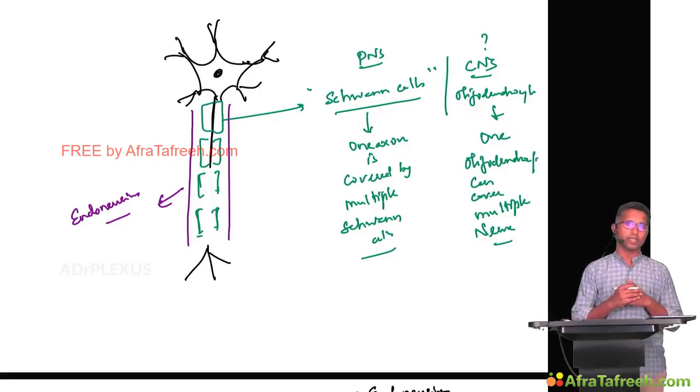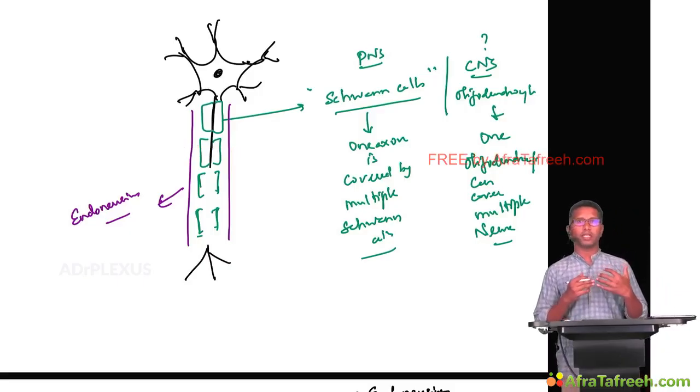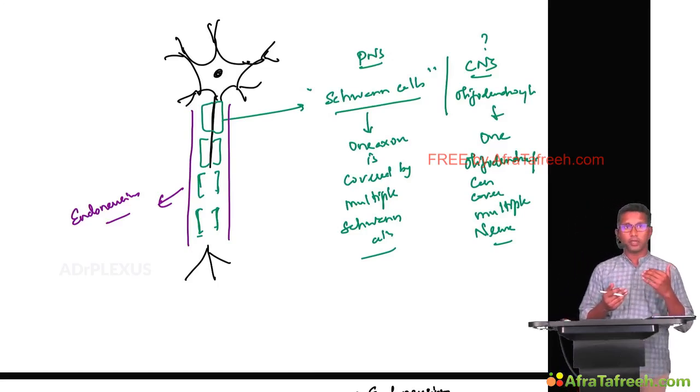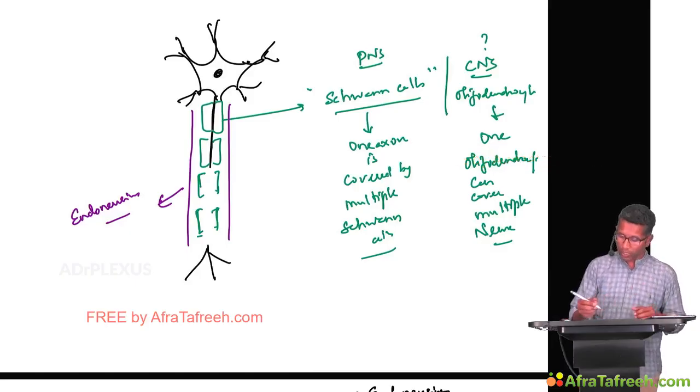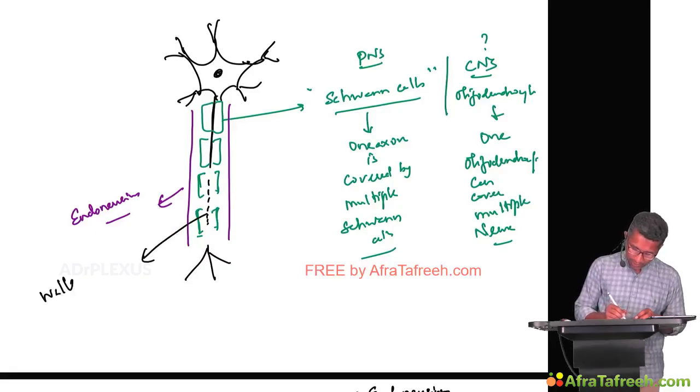Now whenever there is a cut in the axon, what is the nature of anything? Whenever there is an injury, nature will try to heal it. How will it heal? It will try to form a new axon. So what happens to the older one? The older one present here degenerates. This degeneration is called Wallerian degeneration.